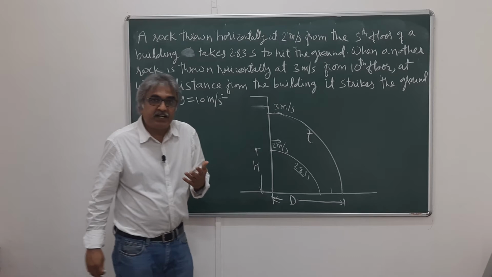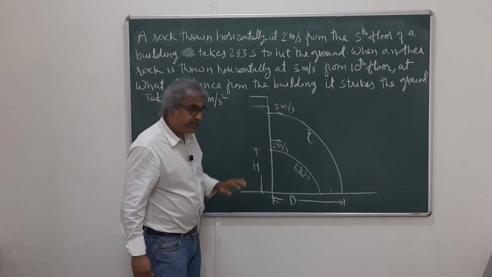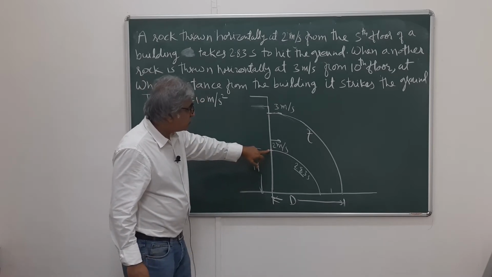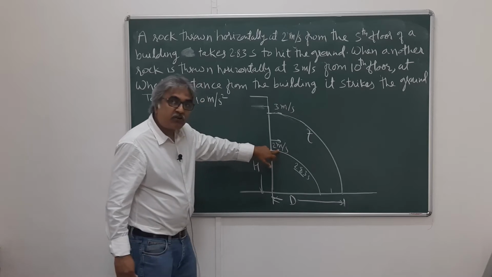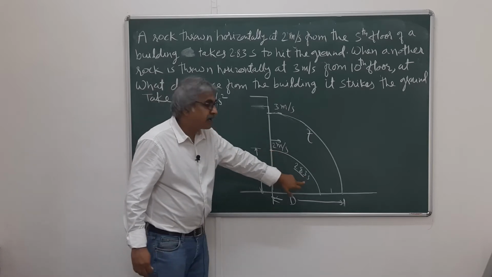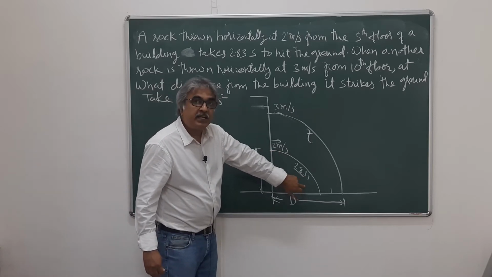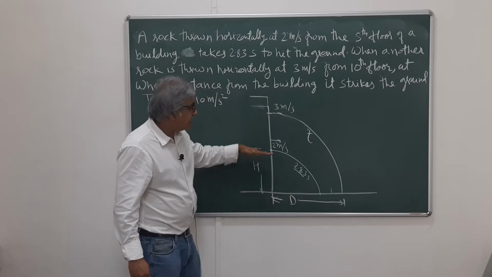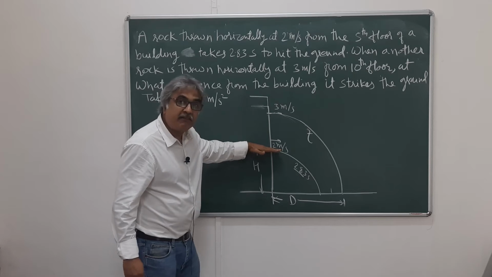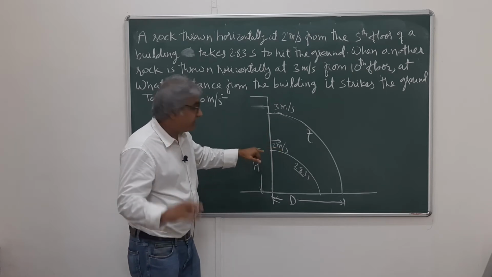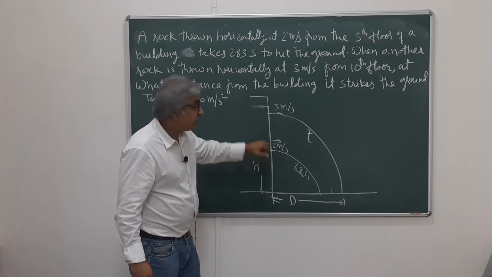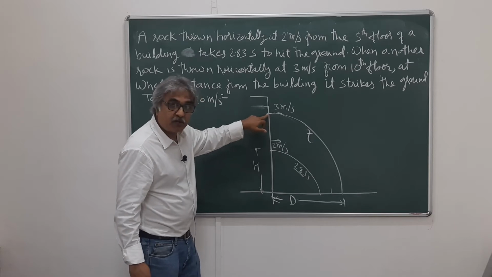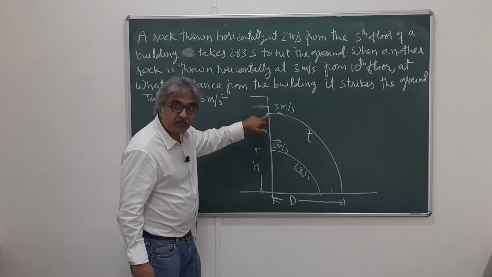Now how will you find it out? Let's come to the given data. This stone is thrown horizontally at 2 meters per second and reaches the ground in 2.83 seconds. The initial vertical velocity of this stone is 0, and the same is true for the other stone.